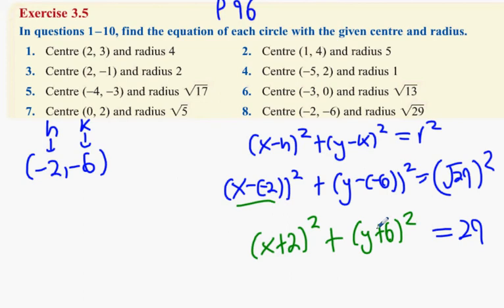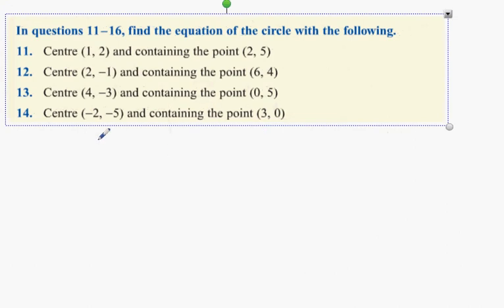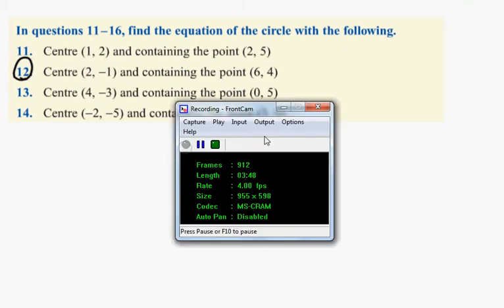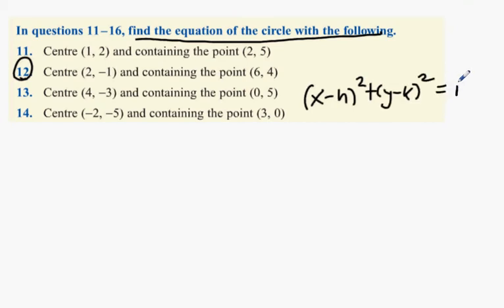In class now, I want you to do the following, alright? We'll just pause it here. The upgrade on these questions is the likes of question, I suppose question 12 is a good one. So guys, what we have here is this. It still says find the equation of a circle, which means we're still using (x minus h) squared plus (y minus k) squared equals r squared, okay?